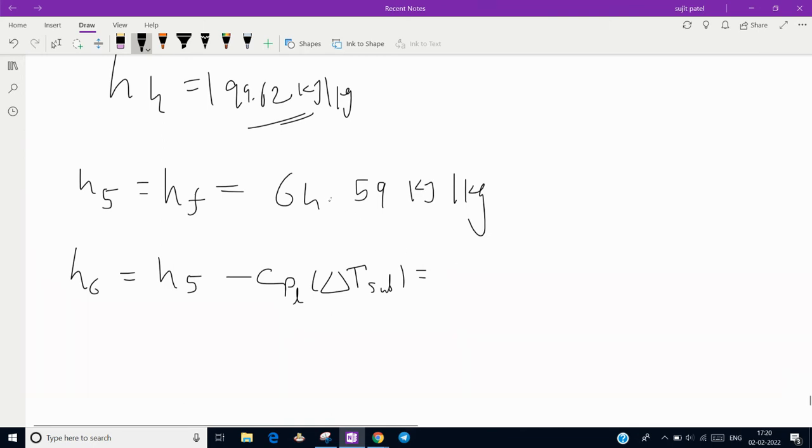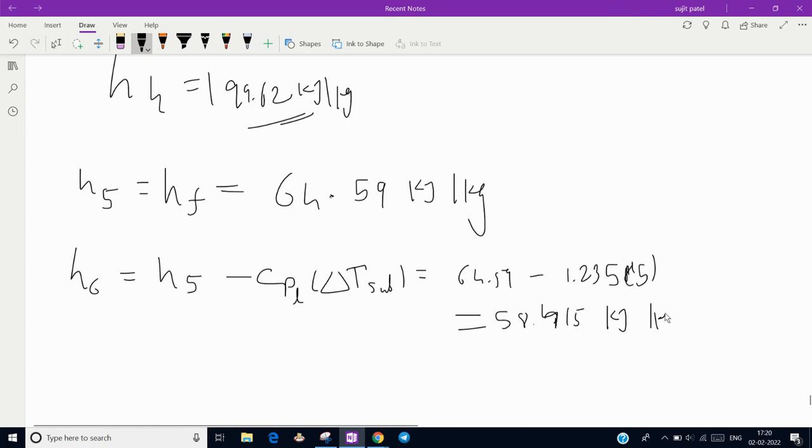H5 is 64.59 minus specific heat of liquid, that is 1.235, not 0.717. Please keep in mind that there may be chances of error here. Here delta T is 5. So when you solve this, you will get 58.415 kilojoule per kg.